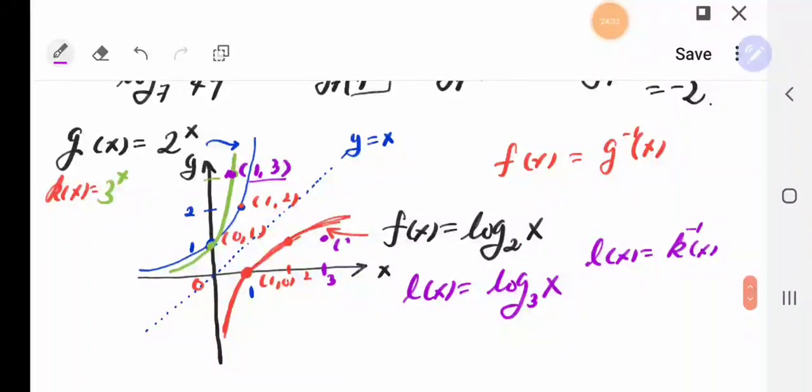So this will be 3 and 1. So this is close to the x-axis. The graph is close to the x-axis, like this. So whenever the base is larger, the graph is close to the y-axis or close to the x-axis.